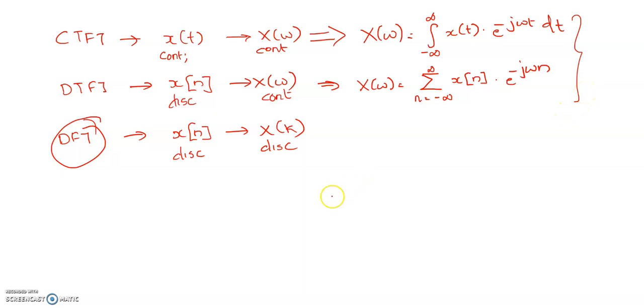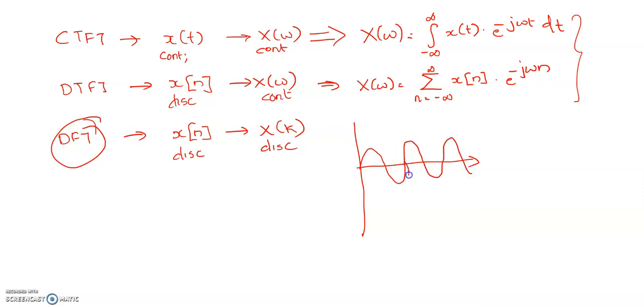In the meanwhile, we'll have to go for a deeper analysis of DFT, or rather, how this x of omega, which is continuous, gets discretized in the form of x of k. We have to understand that. So x of omega, like I mentioned before, is a continuous signal, but it has another property: it is periodic over the interval 2 pi.